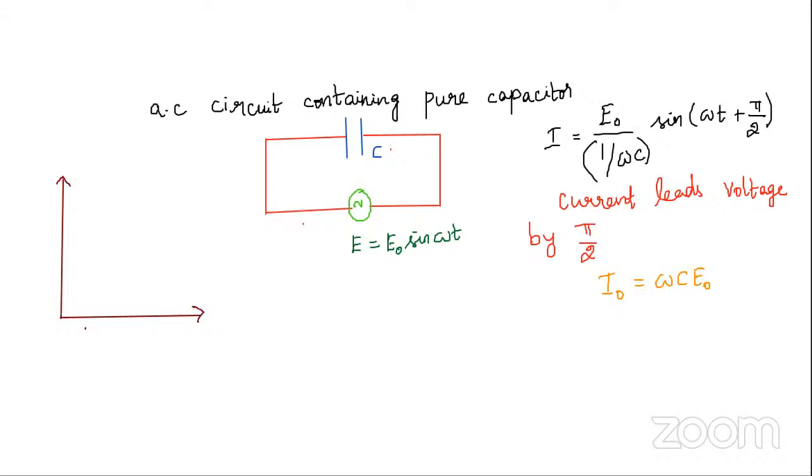So the diagram should be like this. The current is represented by this blue color. So I naught.